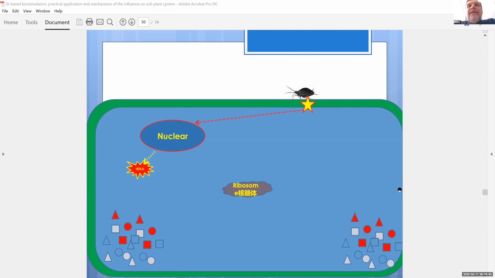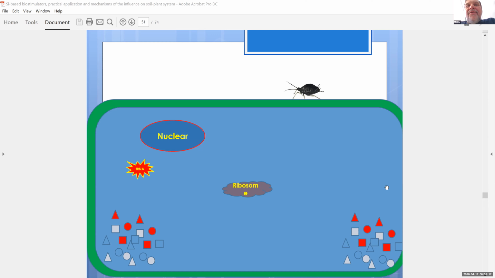Okay, this is how it works. This is a plant cell, and when an insect comes, the insect initiates a signal to the nucleus of the plant cell, and this signal initiates in the DNA the information on which stress proteins need to be synthesized against this insect. Next.